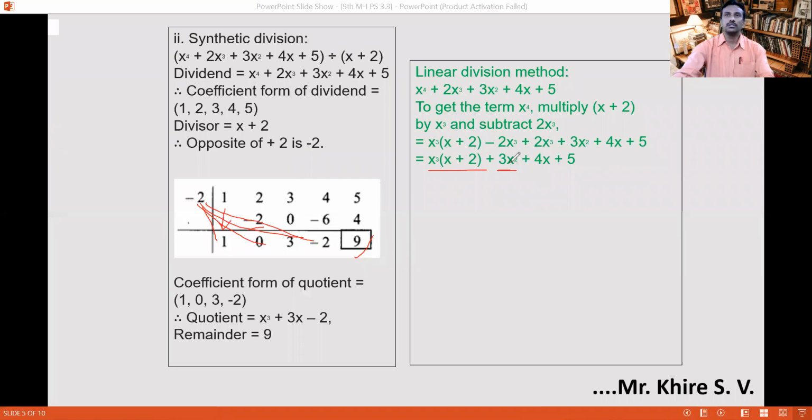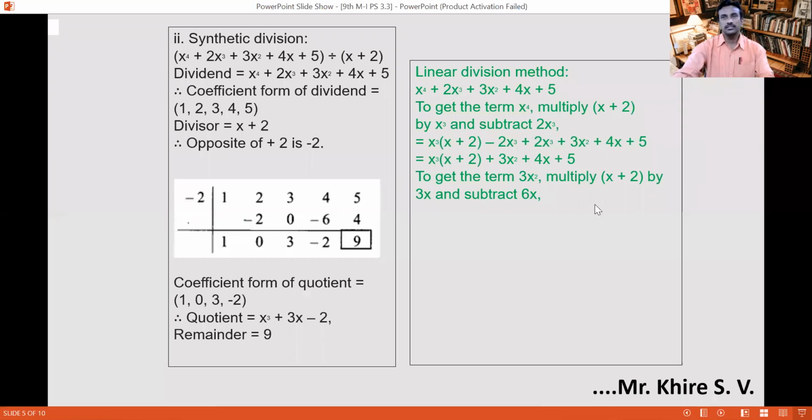We have to divide this 3x square, or factorize this by using multiplication of x plus 2. So now we have to get the term 3x square: multiply x plus 2 by 3x and subtract 6x.